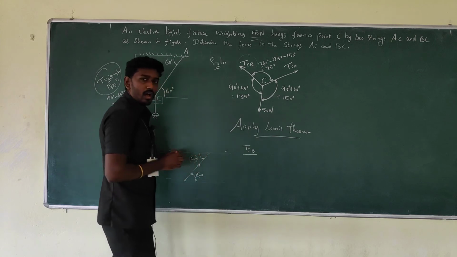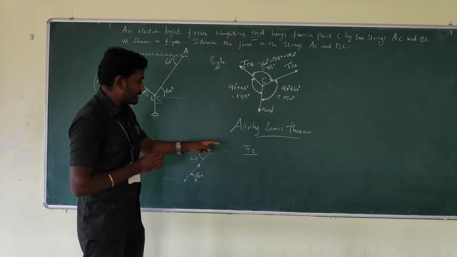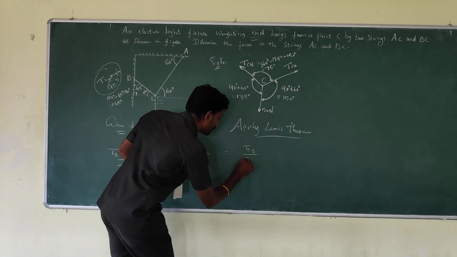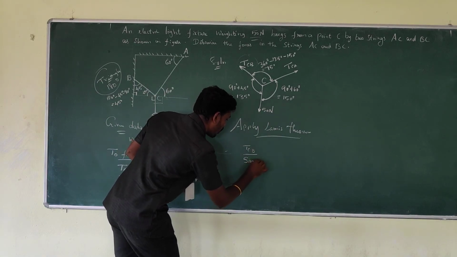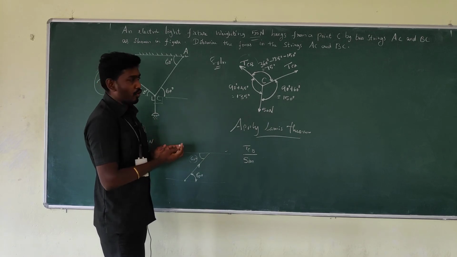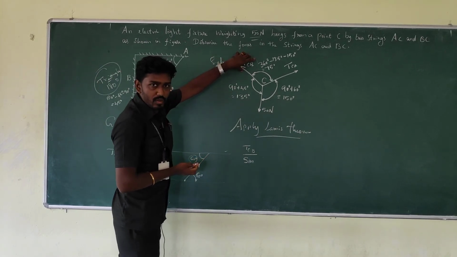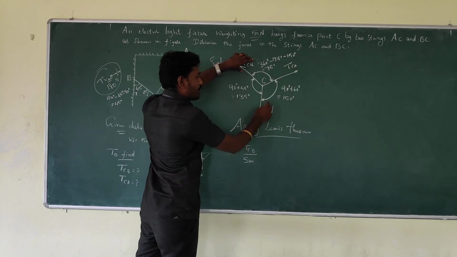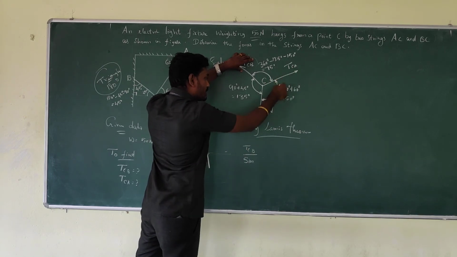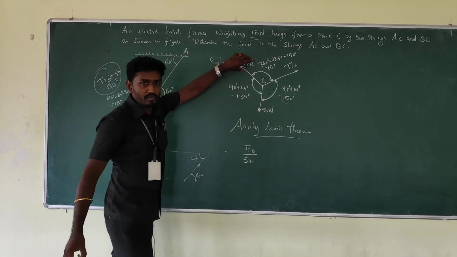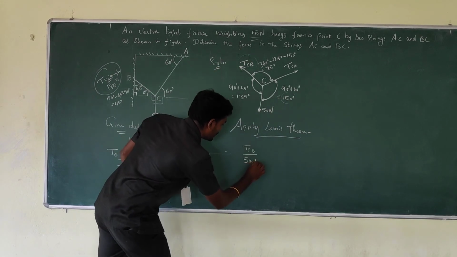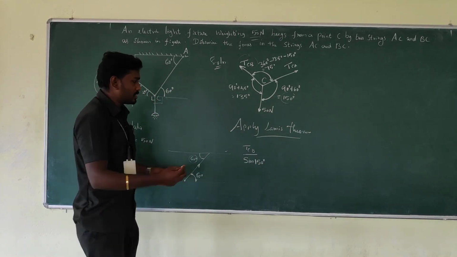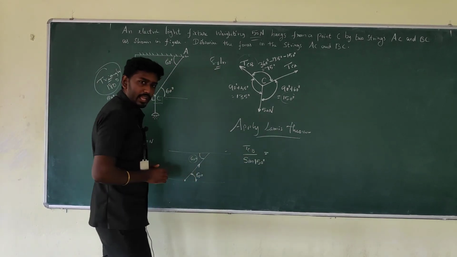Lami's theorem states that force is directly proportional to the sine of the angle between the other two forces. What are the other two forces? TCA and 50. So the angle between the other two forces is 150 degree. So TCB divided by sine of 150 degree. It is in equilibrium, so I am going to take equal.